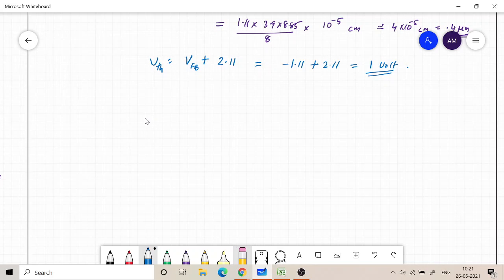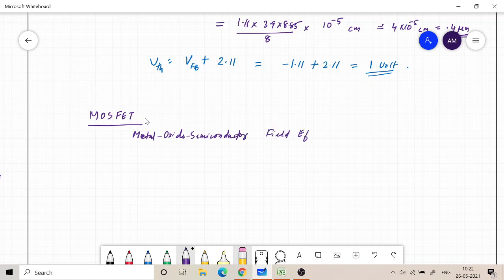Okay, so now let me introduce in the remaining time the MOSFET. MOSFET stands for metal oxide semiconductor field effect transistor.